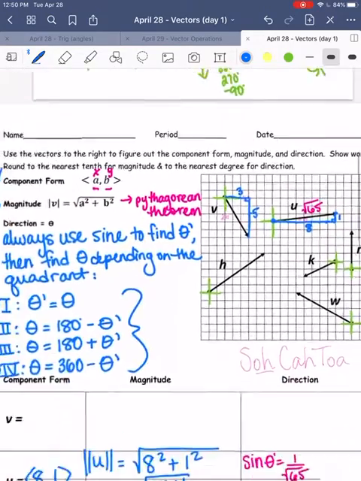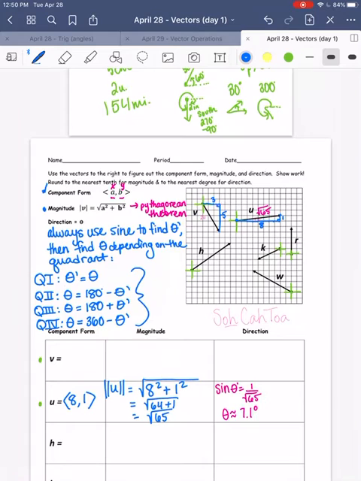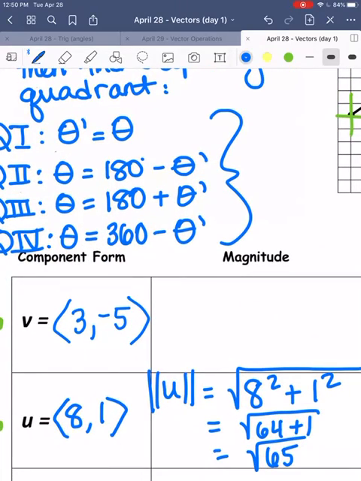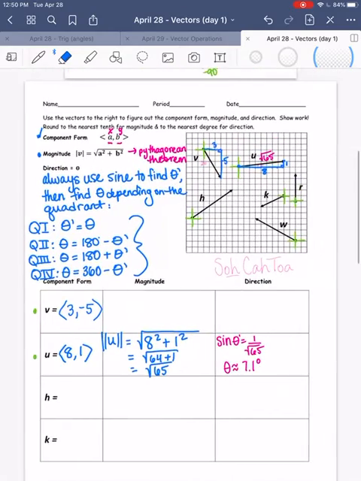So our component form for V is 3, negative 5. Because we want somebody to look at this component and tell me, okay, 3, negative 5 means you're going to the right 3 and then you're going down 5. And that's how you draw your vector.